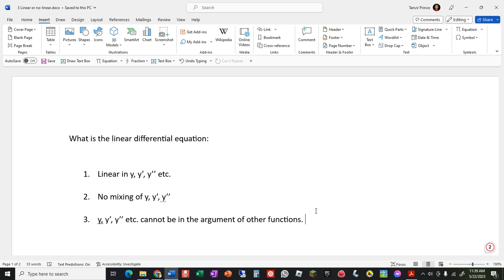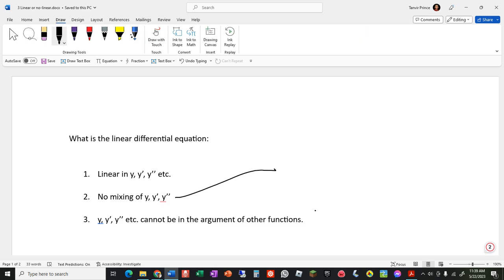This basically means that there should not be any mixing of y prime and y double prime, etc. This simply means that you should not have any y square or y cube or y times y prime, or maybe y prime times y double prime times y triple prime, or y double prime cube.